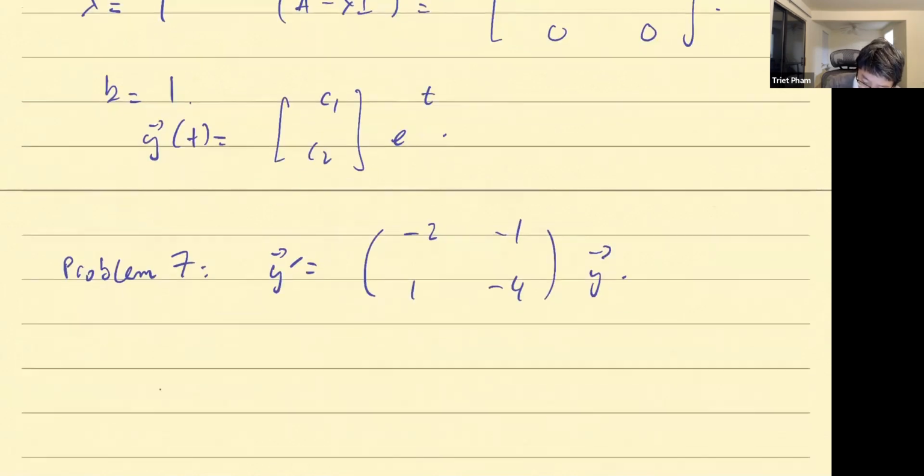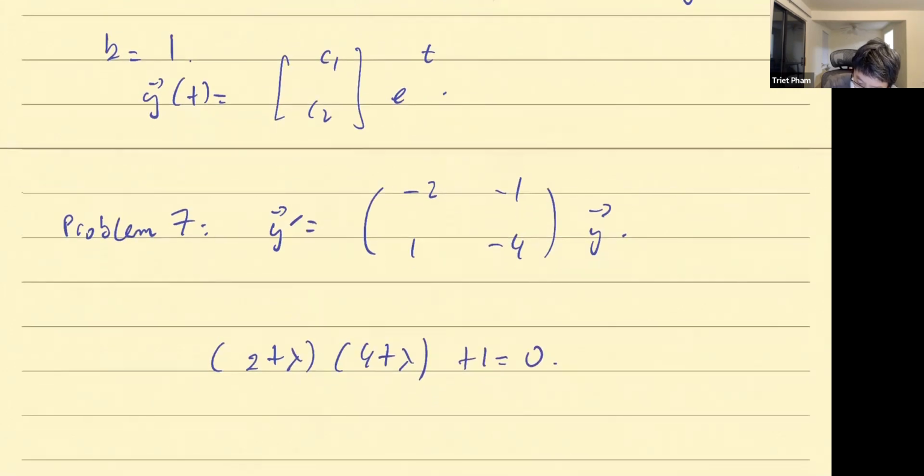So I got minus 2 minus lambda, so (2 plus lambda) times (4 plus lambda), and then minus 1, so it becomes plus 1, is equal to 0. Am I right? So I got lambda squared plus 6 lambda plus 9 equal to 0. So lambda equals minus 3, repeating.